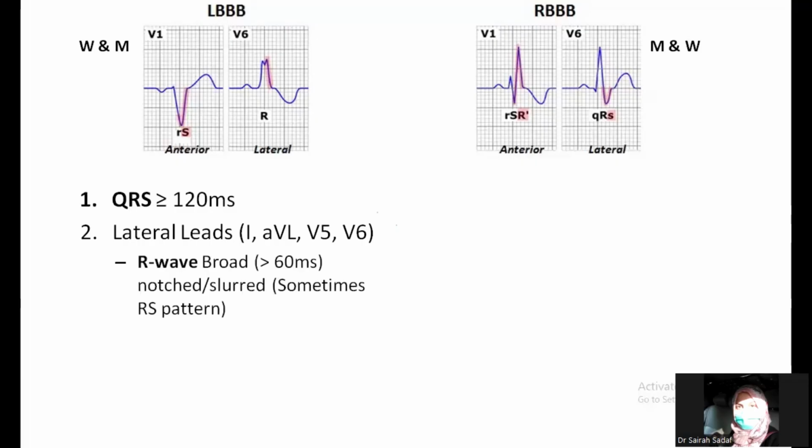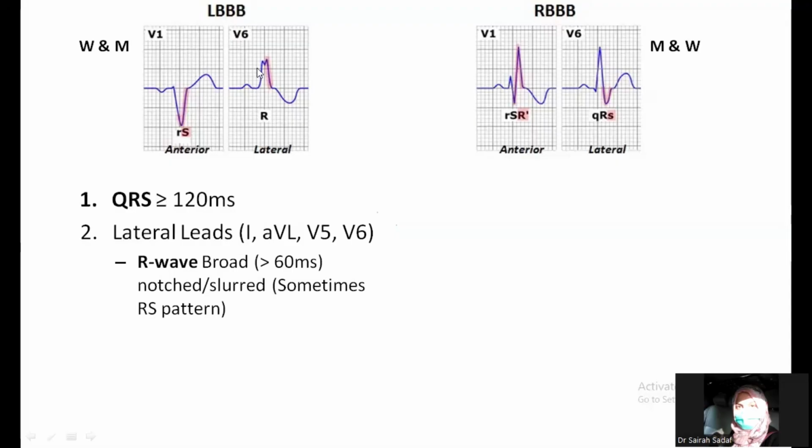Now, you will get a broad R wave, a more enhanced, more exaggerated finding of the normal finding. You will have a more prominent R wave that is broader, and it will be slurred, it will be notched. I will show you how.